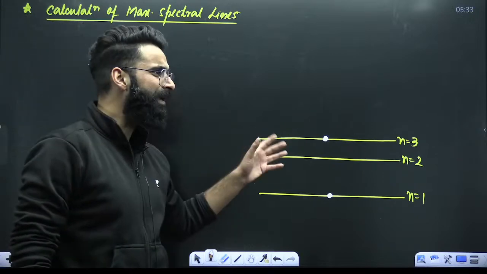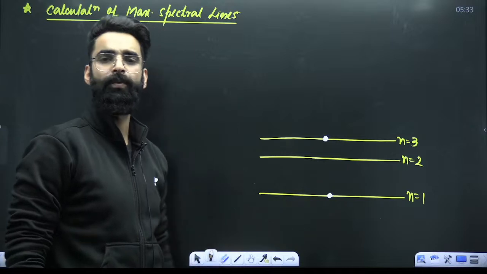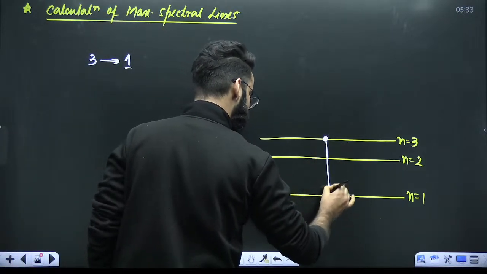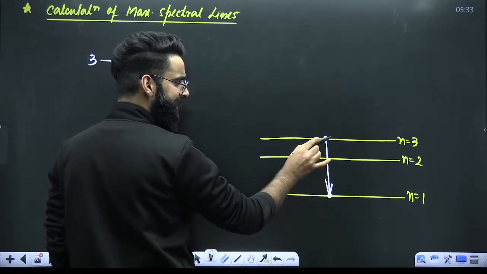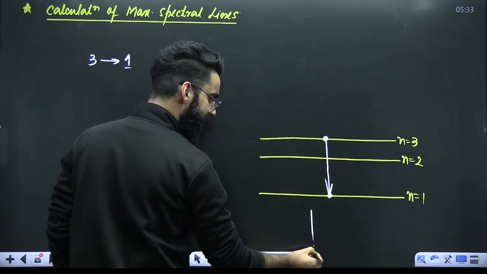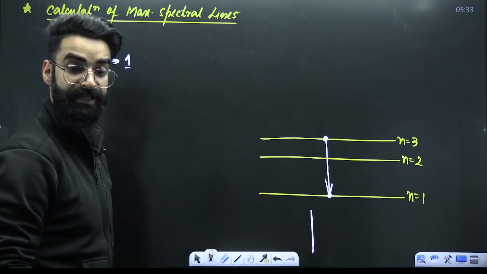If I ask you how many possible ways there are by means of which the electron can come from 3 to 1. See, first, the electron can directly come from 3 to 1. When the electron makes a transition from 3 to 1, it emits a radiation, which is represented by a spectral line. Are there other ways too? Yes.